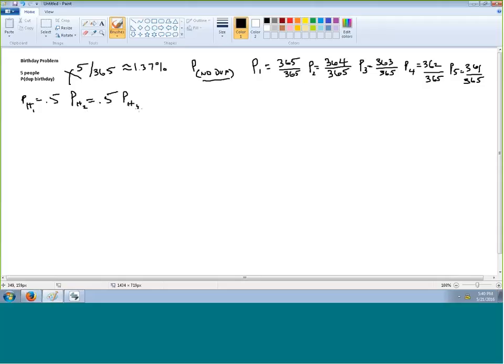Same with try 3. And if we want the probability of this in a row, 0.5, 0.5, 0.5, then we multiply them, right? We know that. That's 0.125 or 12.5%. So that's what we do here. We do the same here. So we'll come down here.